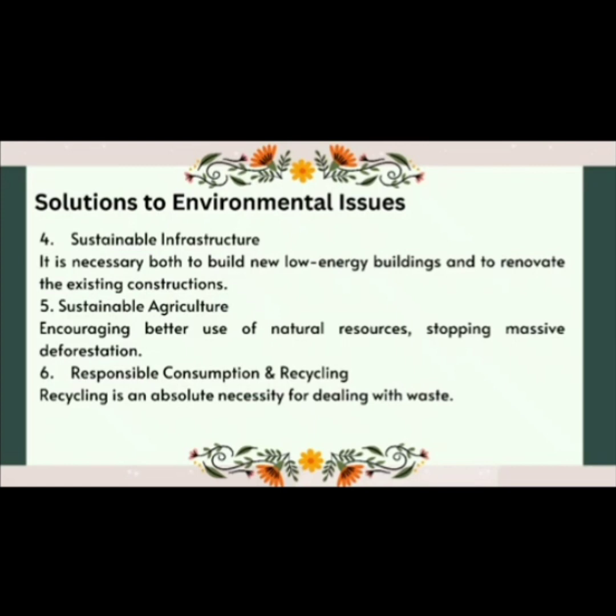And the fifth is sustainable agriculture, encouraging better use of natural resources, stopping massive deforestation, as well as making agriculture greener and more efficient, which should also be a priority. Cutting of trees should be stopped, and if trees are cut, they should be replaced by planting new ones.